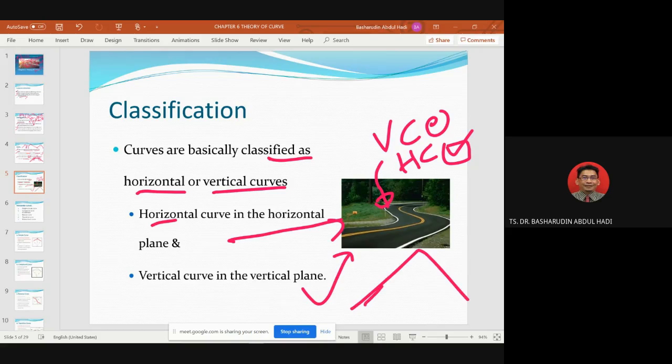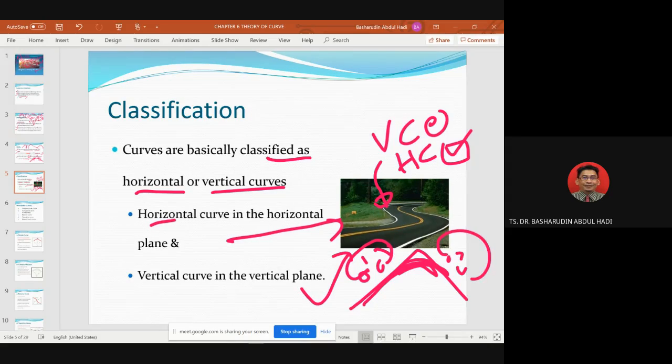For example, you have a hill. Okay, so this is your vertical curve. This is your car. You climb up and you're going down.